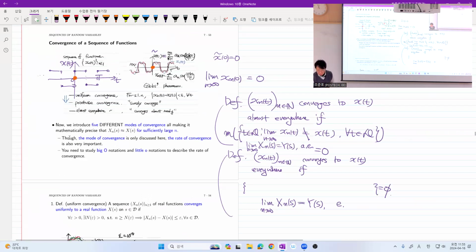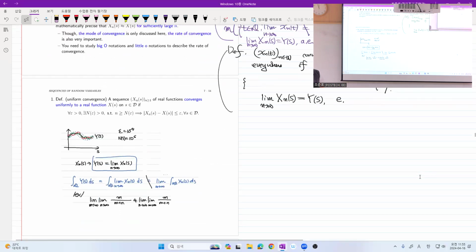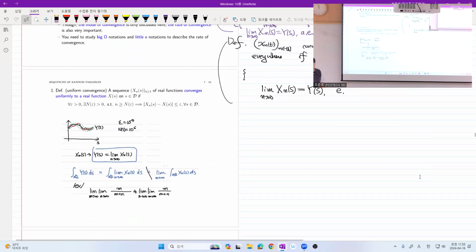And let me use a different color so that we can easily distinguish. So we have two definitions, but the problem is this one.